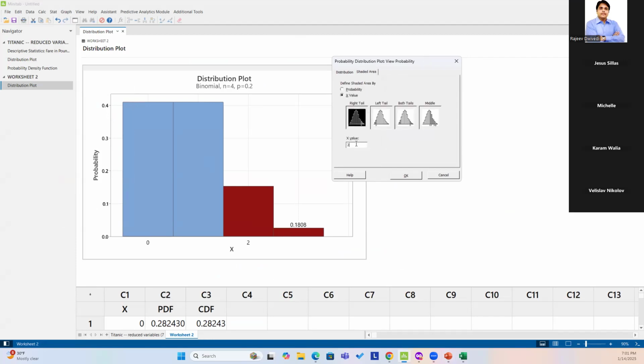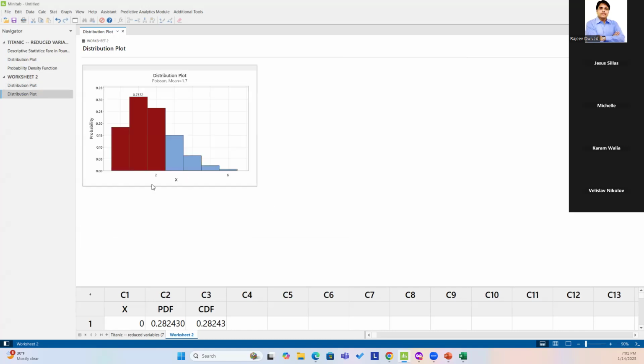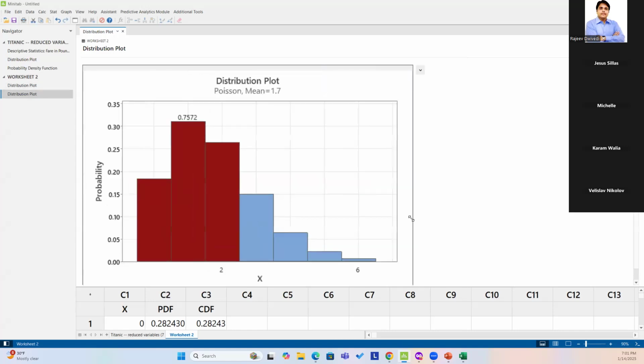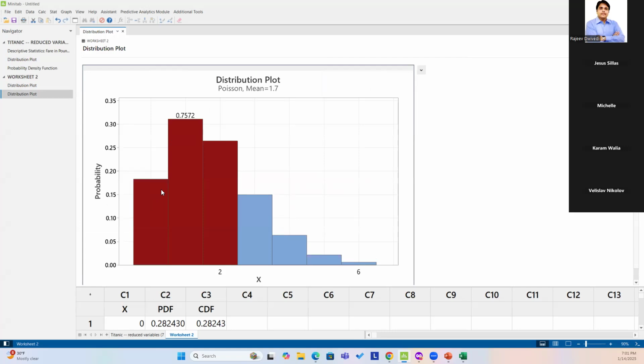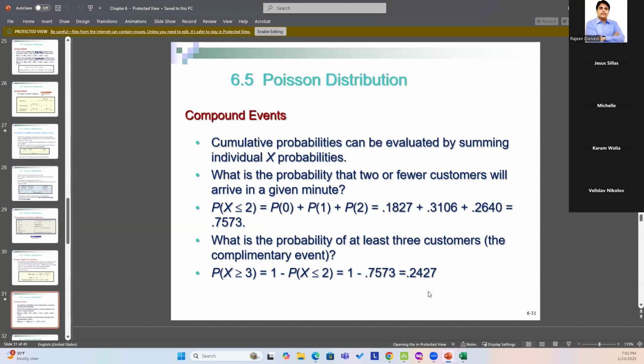It is asking for an x value of 2, up to this, and look at that. It says 0, 1, 2, total is 75%, and the answer is also 75%, the same.